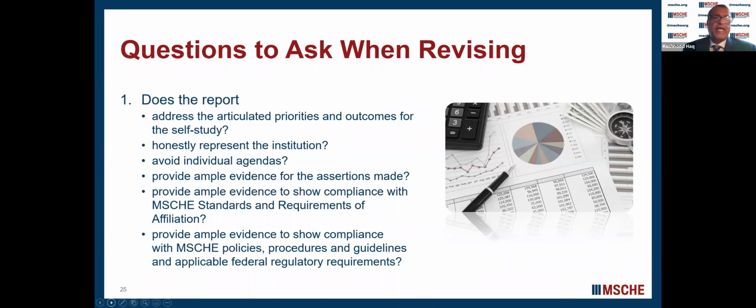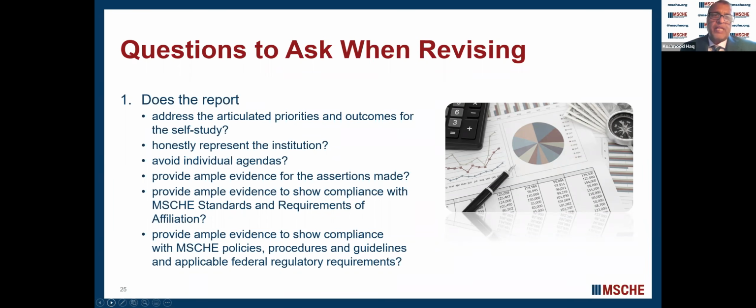So some of the questions to ask when revising. Does the report address the articulated priorities and outcomes for the self-study? Because really it's all about your outcomes and your priorities from this document. It honestly represents the institution, and it avoids individual agendas of individual stakeholders.